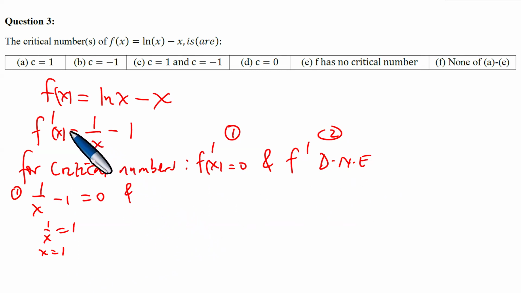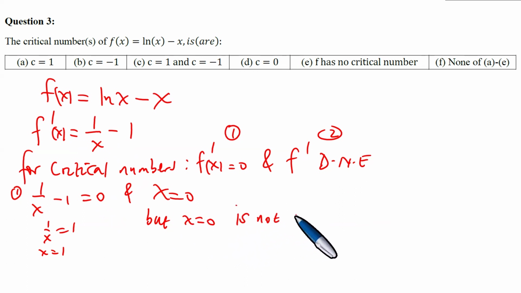Simultaneously, we look at where the derivative does not exist. It does not exist whenever the denominator is 0. It's not defined when x is 0, but x equal to 0 is not in the domain of f.